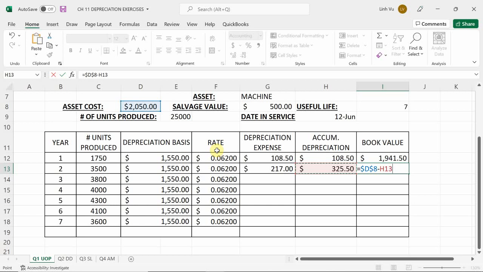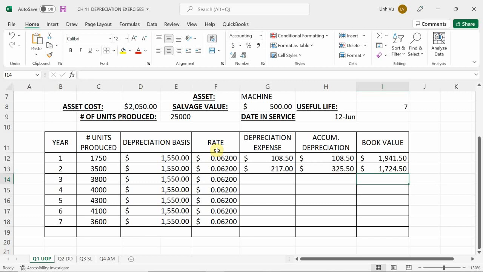Okay, I got 1724.5. Okay, we finished this one.